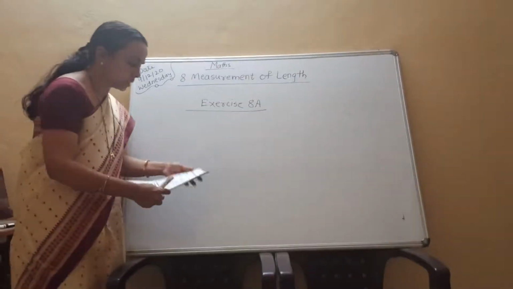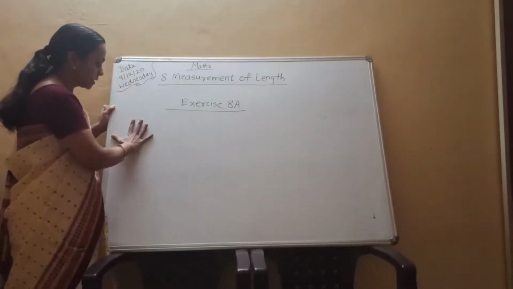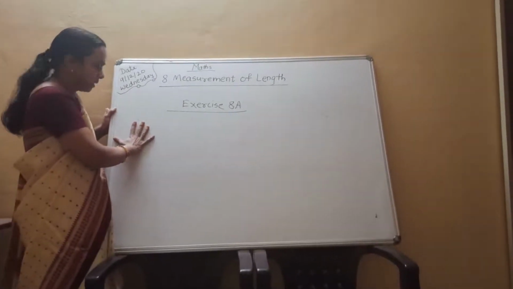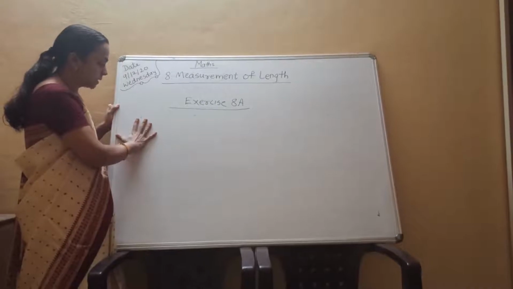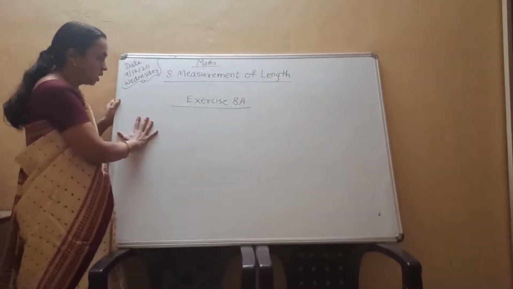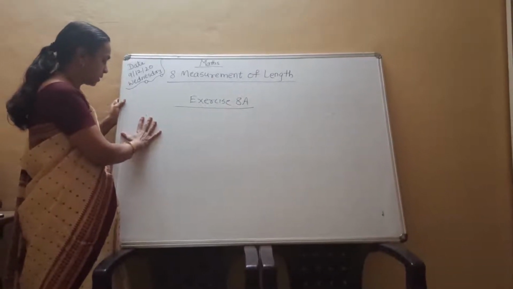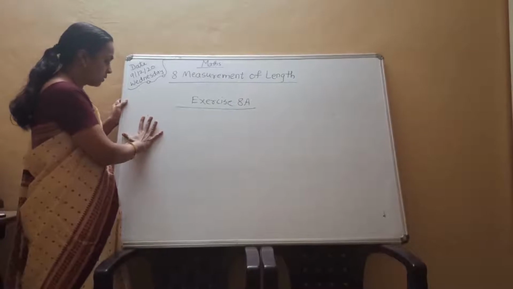Okay, suppose now see second figure is hand span. See, this is our hand span. My hand is like this, and your hands are very small, very short. So we can measure this blackboard also like this. See, this is our hand span.